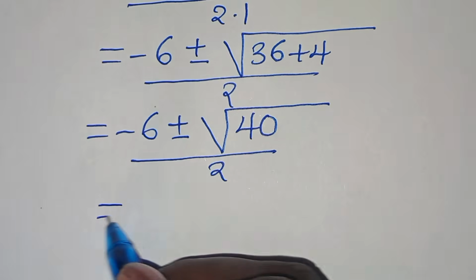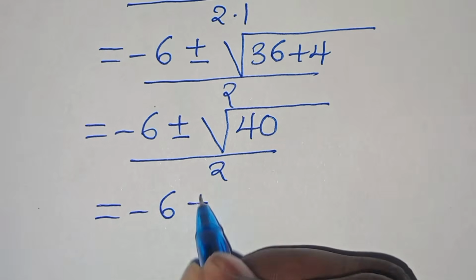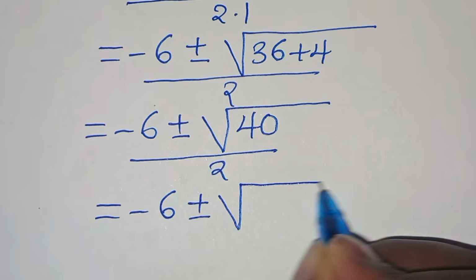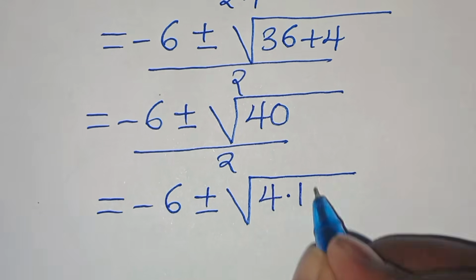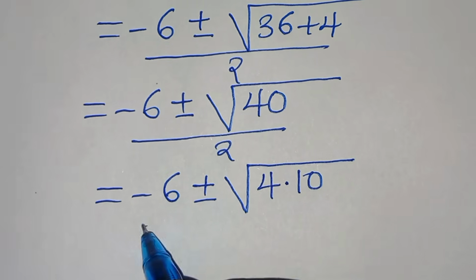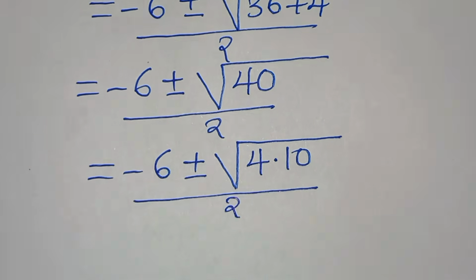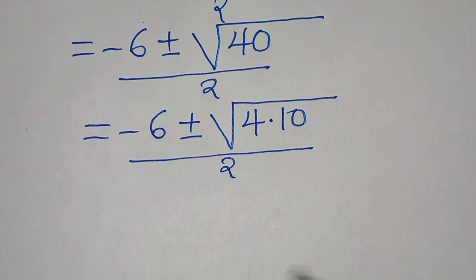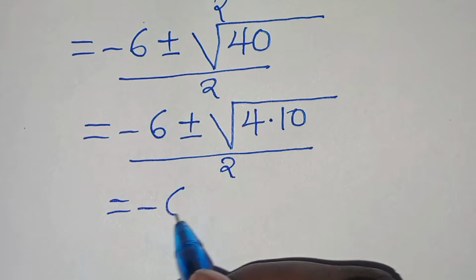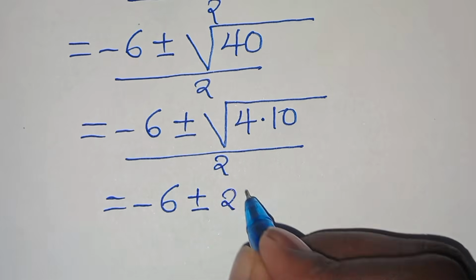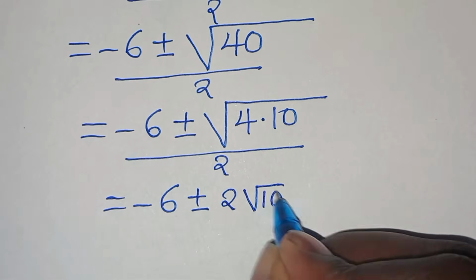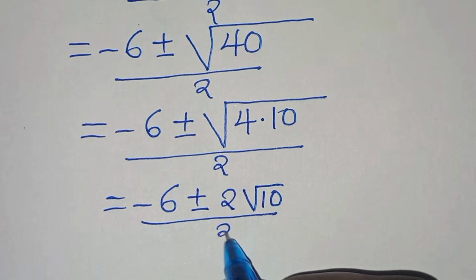Therefore, we can express the square root of 40 as the square root of 4 times 10, everything divided by 2. Now, we have minus 6 plus or minus the square root of 4, which is 2, then square root of 10, everything divided by 2.